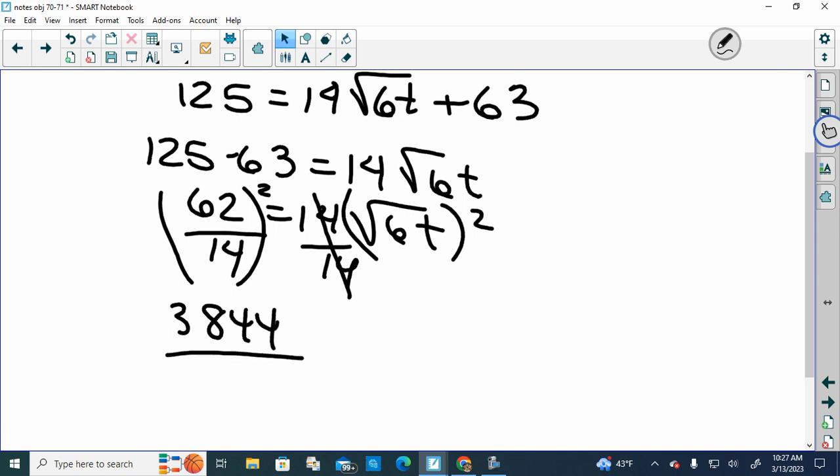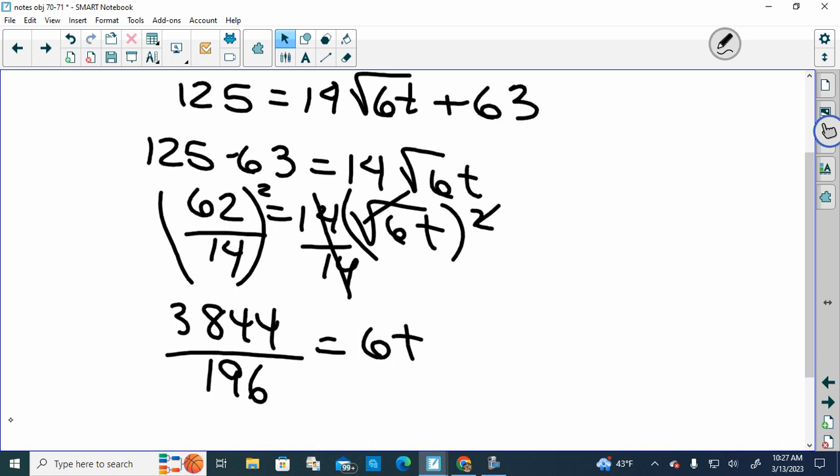Squaring 14, 196. Then on this side, the square got rid of the square root, so we still have 6T. This is why we're leaving this, you'll see in a minute.